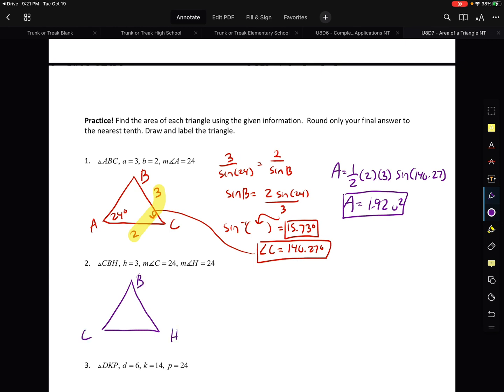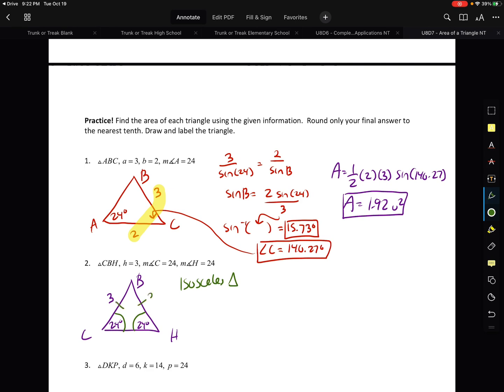Okay. C, B, H. H is 3. C is 24. H is 24. Alright, what's the issue we have here? What I notice right away is, since these are congruent, we have an isosceles triangle.